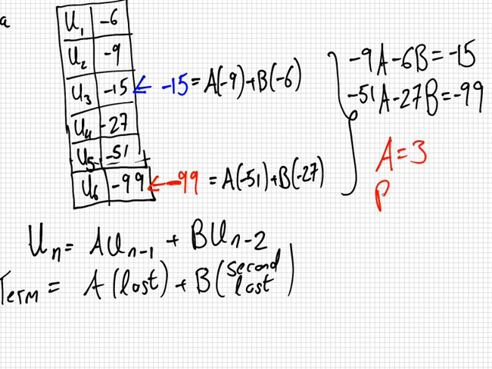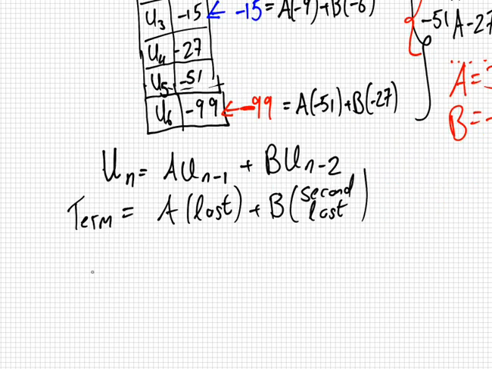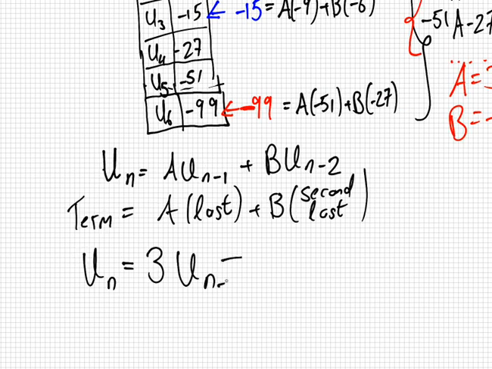You've seen these types of problems before. It's just a degree 2 system. You can use elimination, substitution, whatever method you like. So I'll just go straight to the answer here after a moment of calculation. So I get here, here's my first answer, A equals 3 and B equals minus 2.